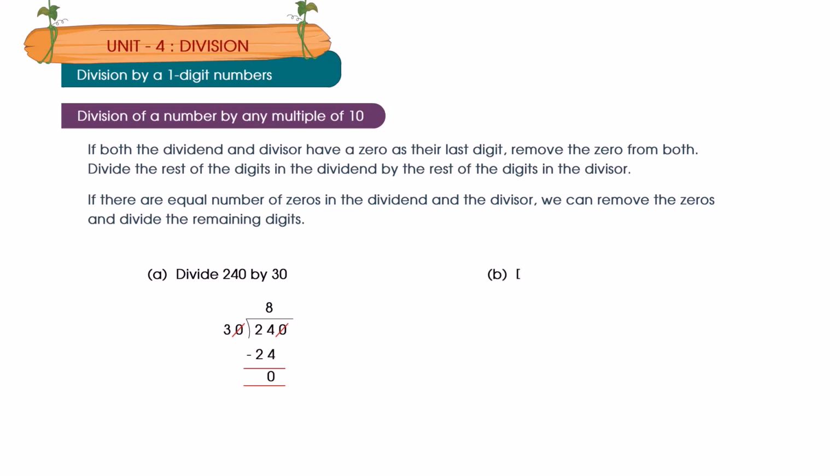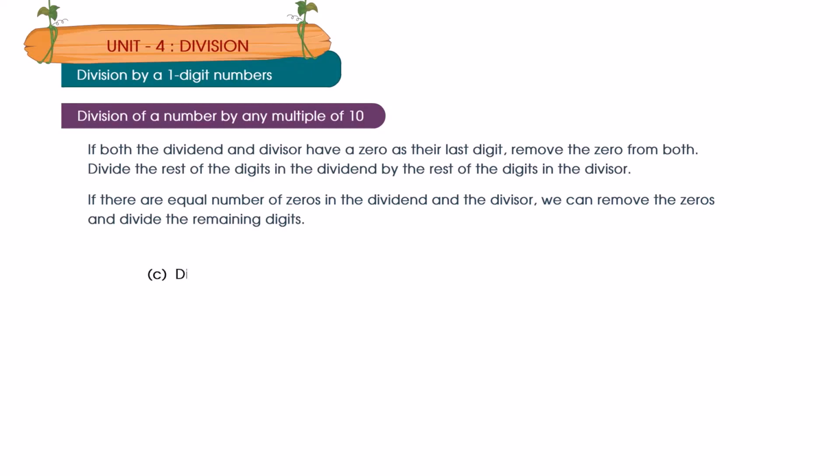B. Divide 2400 by 300. 2400 divided by 300 gives 8 as the quotient and 0 as the remainder.